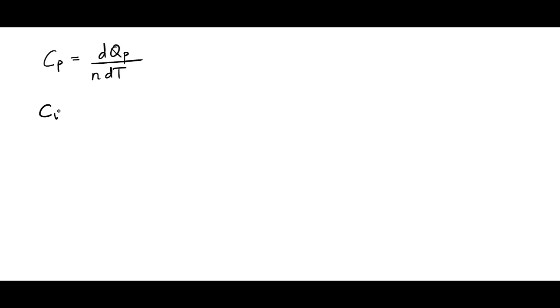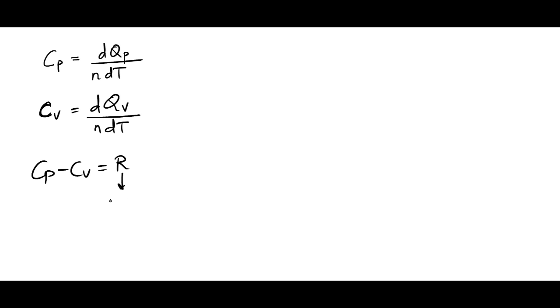And likewise, the molar specific heat, this should be capital C, mind you, at constant volume is defined as dq at constant volume divided by n dT. We also saw that the difference Cp minus Cv is equal to the universal gas constant.